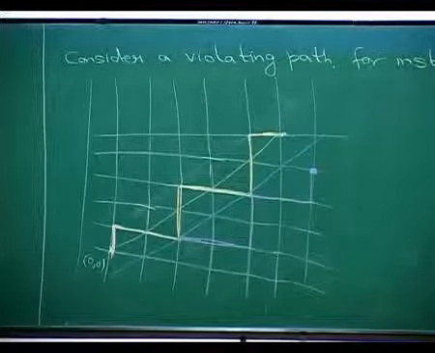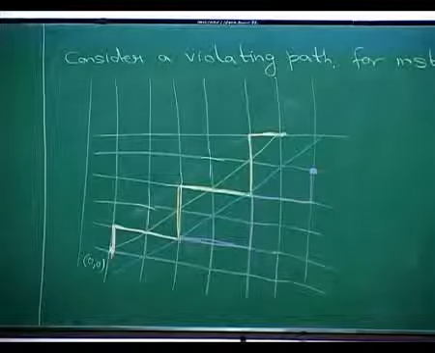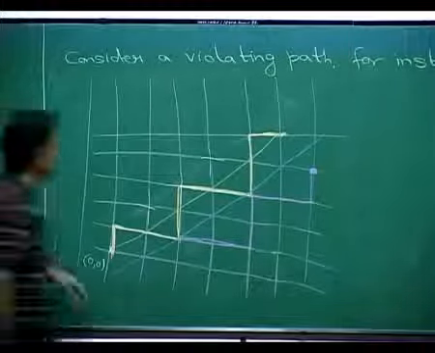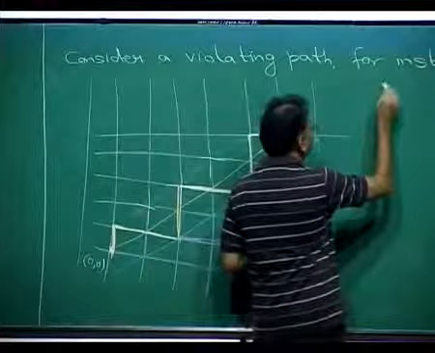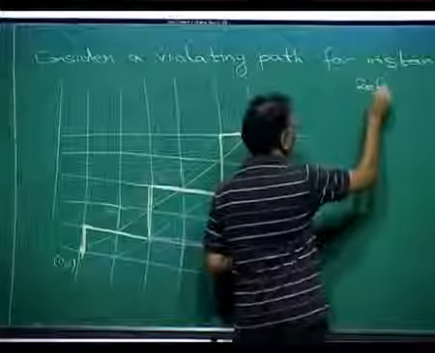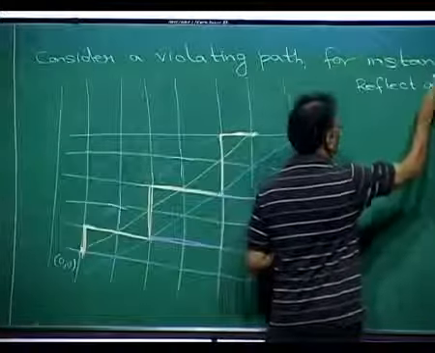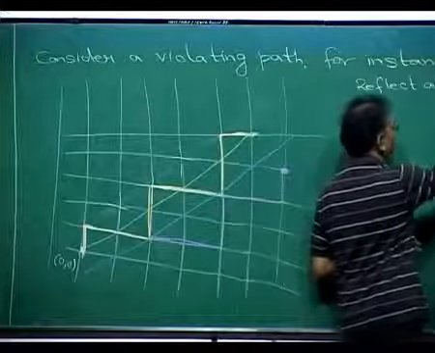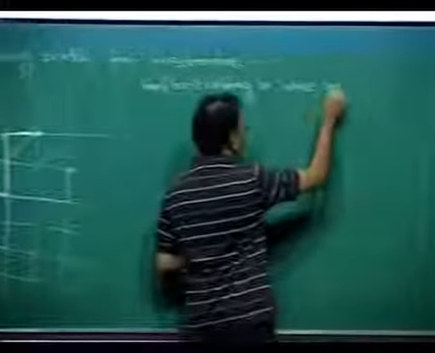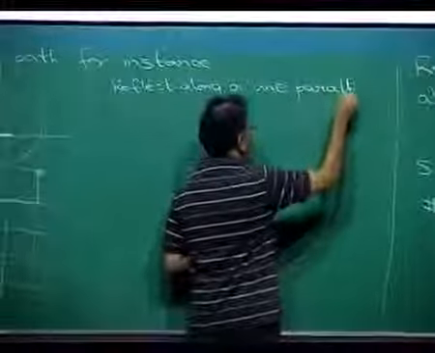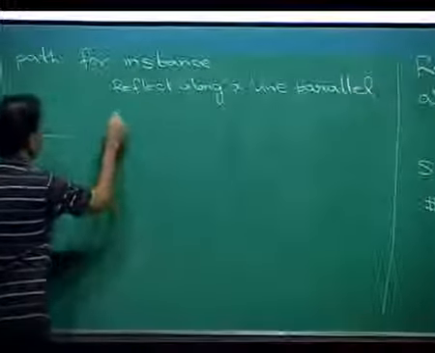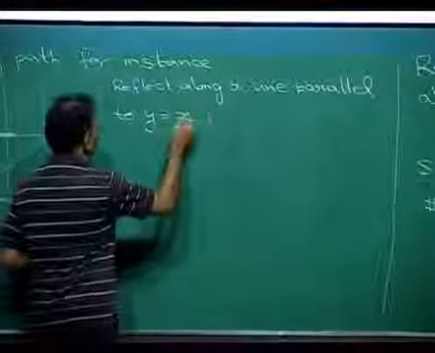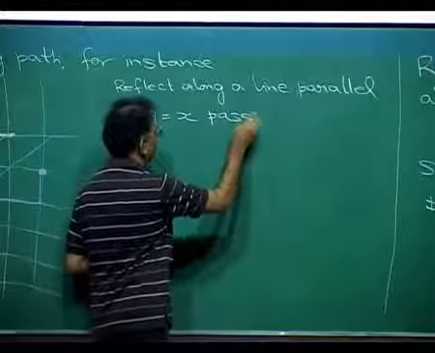Now let's analyze this a bit more closely. So consider a violating path. Reflect along a line parallel to y equals x, passing the first violating point.